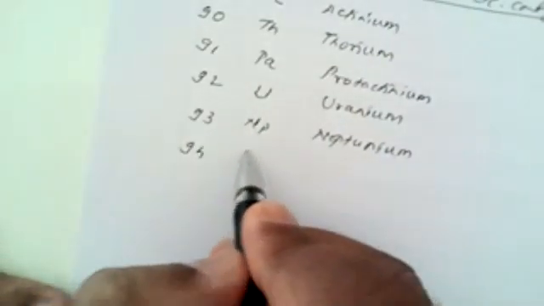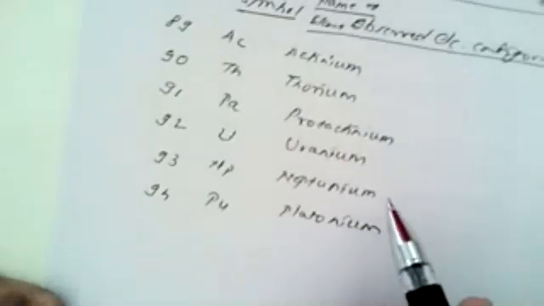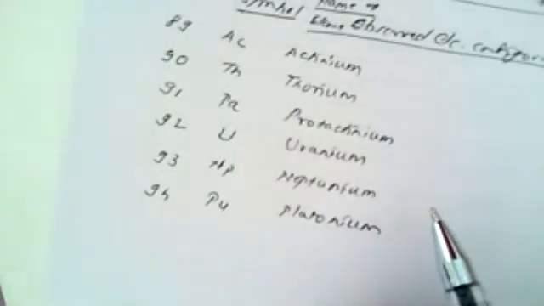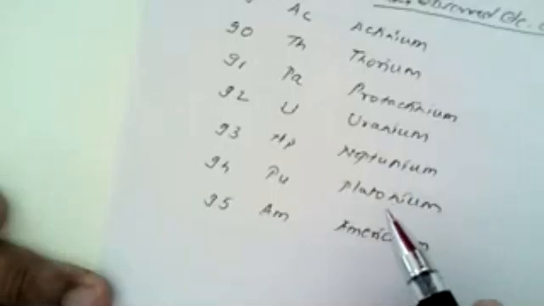Then atomic number 94, Pu, name of which is plutonium, named after the planet Pluto, from which the name is derived as plutonium. Then 95, Am, name of the element is americium, as it was invented in America, USA, and hence it is named as americium.